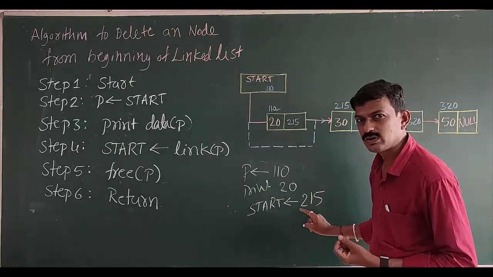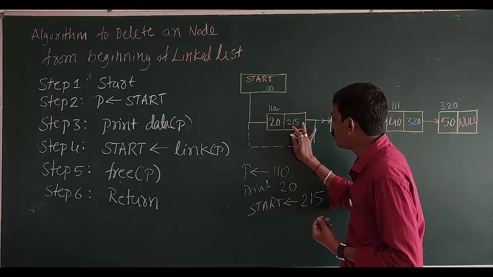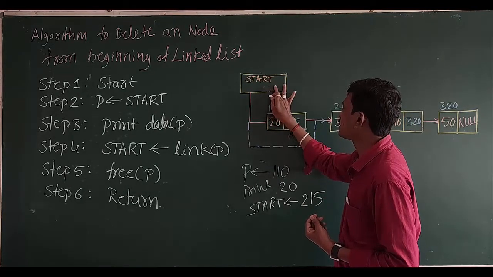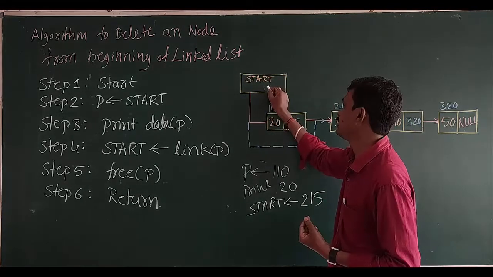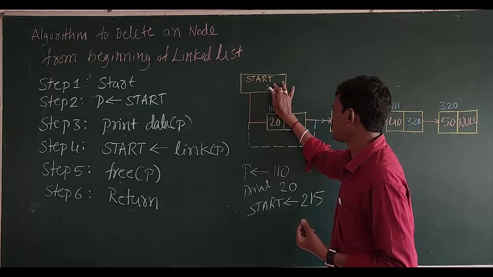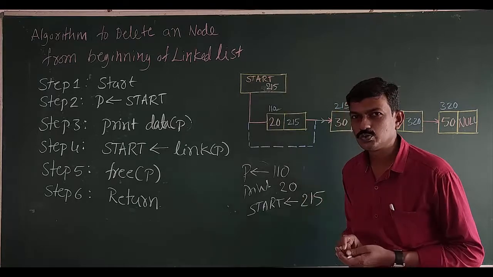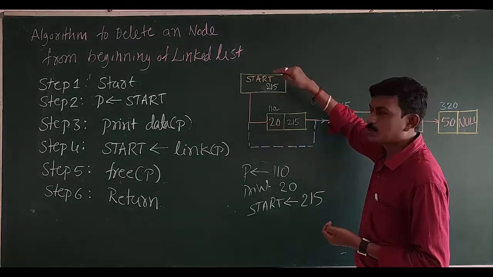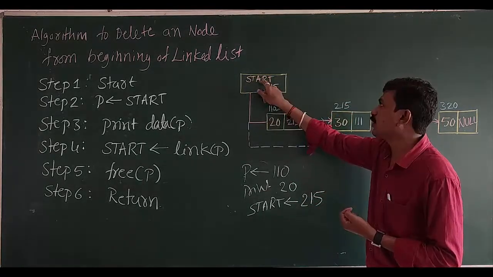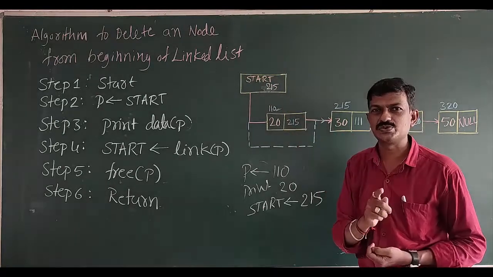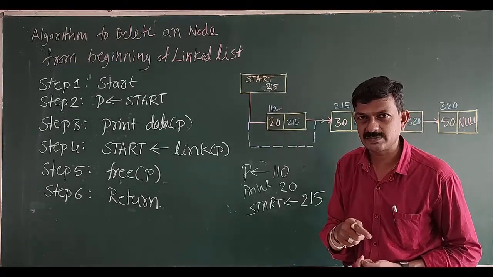Link of p equal to 215, which means I am overwriting the content of the start pointer. Always remember that the start pointer contains the address of the first node.